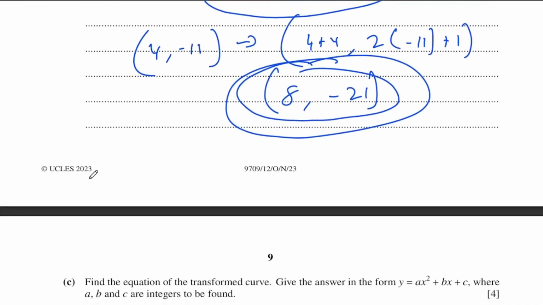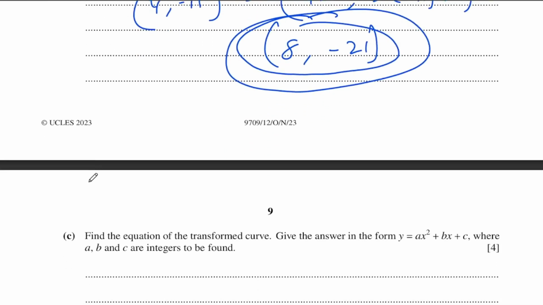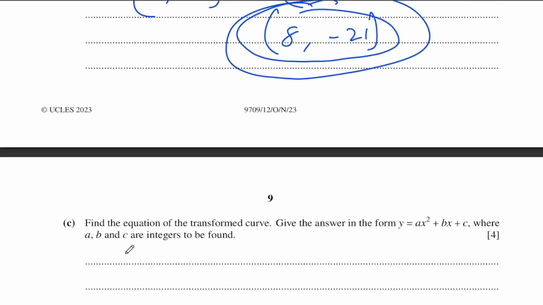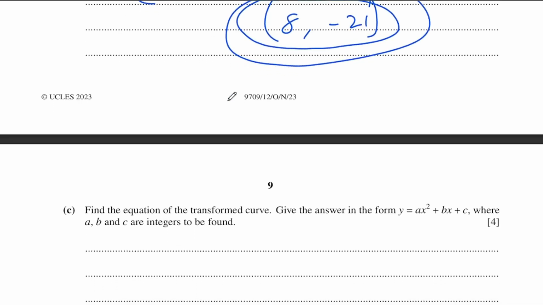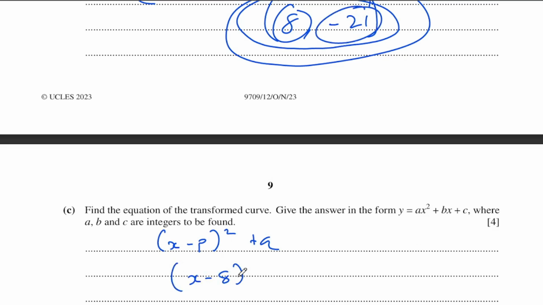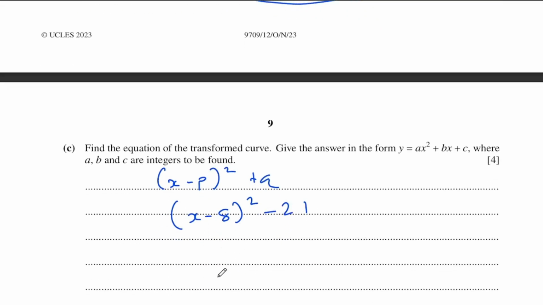So remember, in a vertex, if you want to convert the vertex to your completing the square format, you're going to have something like x minus p squared plus q, where this is your p and this is your q. So x minus 8 squared minus 21, and your equation is going to look like this.